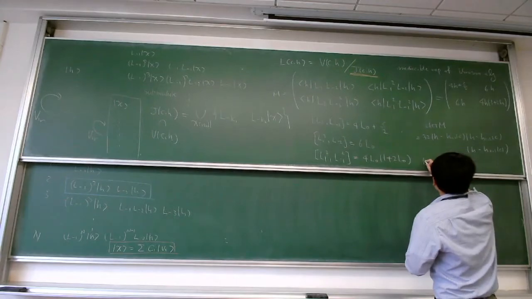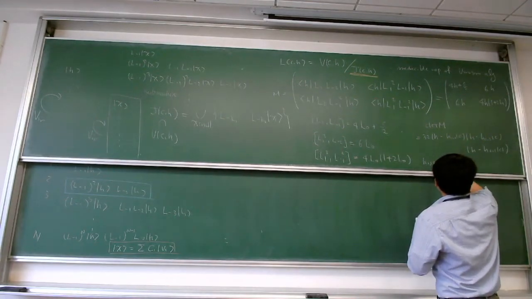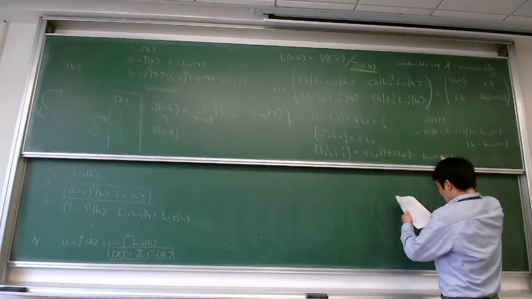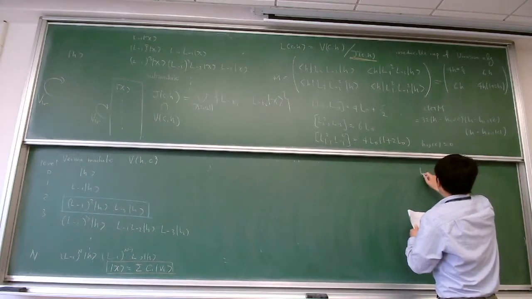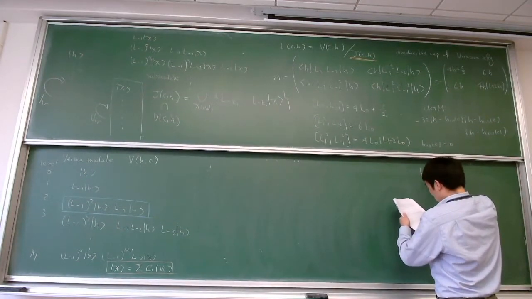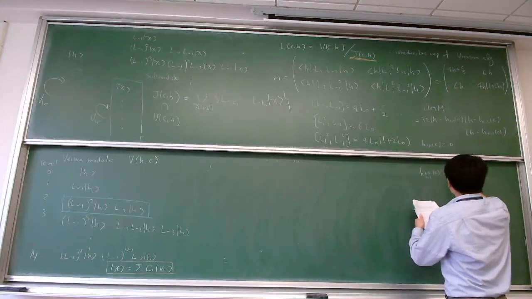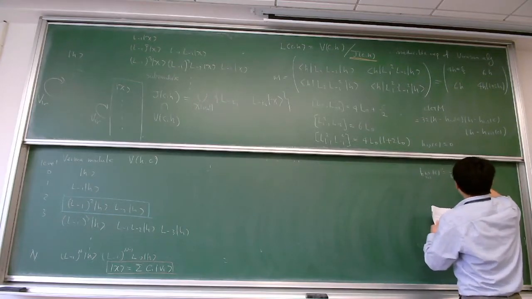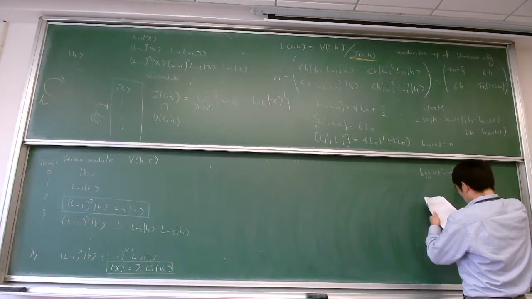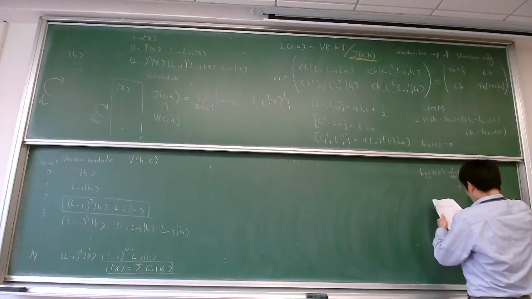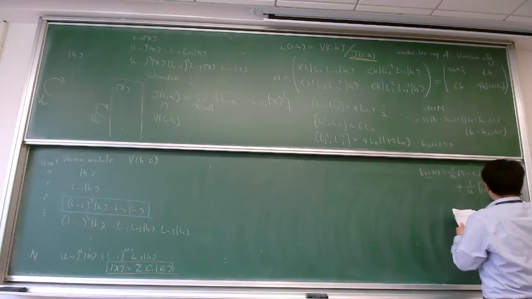Here H11 is equal to 0, and H12 and H21 are given by plus or minus, over 16. It's just a quadratic equation you have to solve.